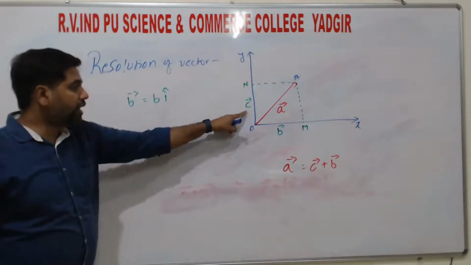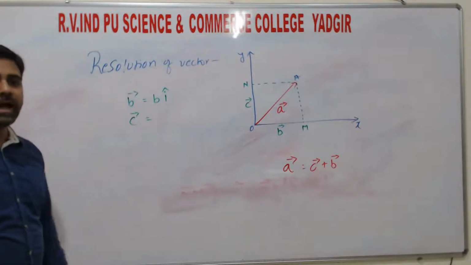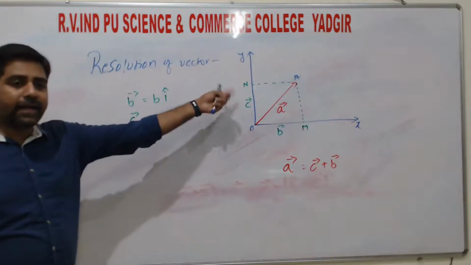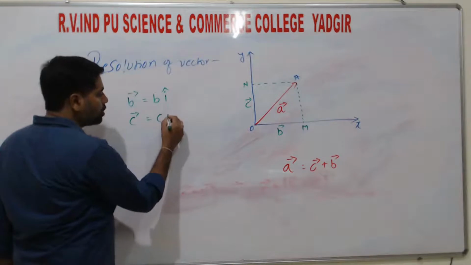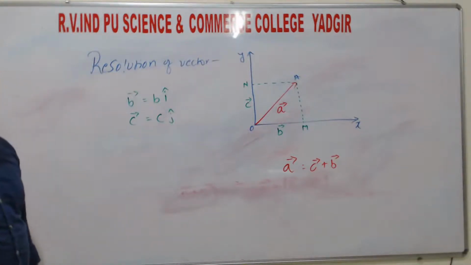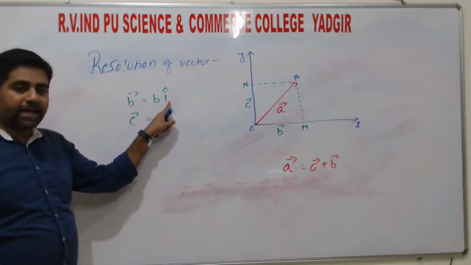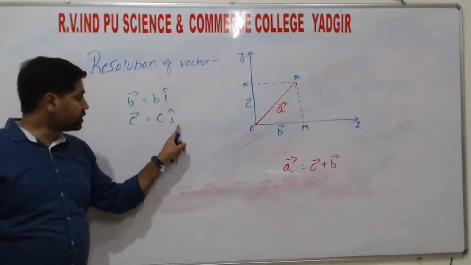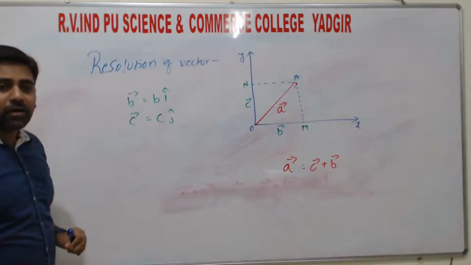Similarly, vector C has magnitude C and it is along the y direction, that means modulus C into j cap. So vector B has magnitude and direction, and vector C also has magnitude and direction. These are called rectangular components.